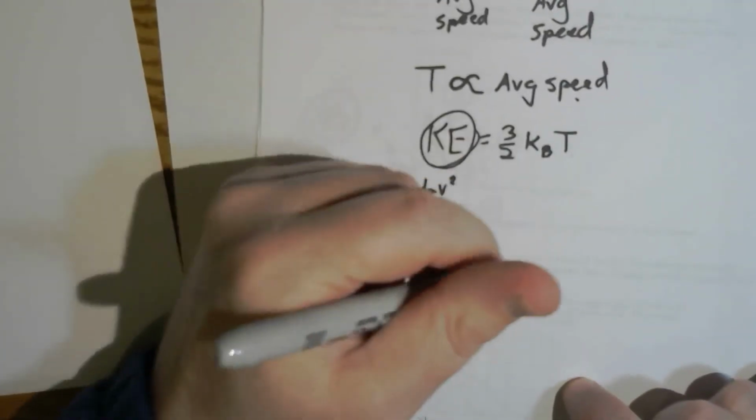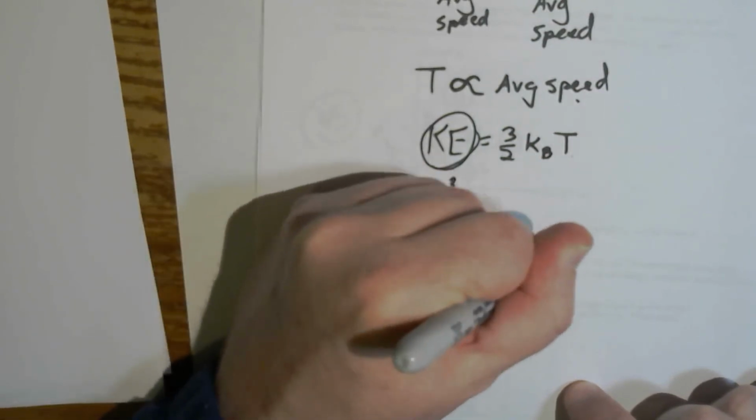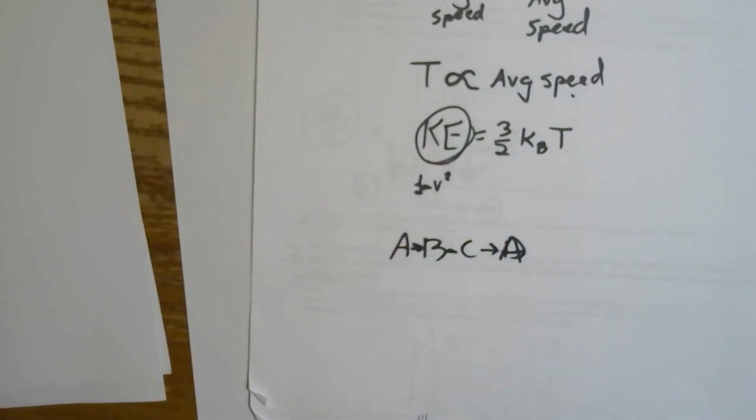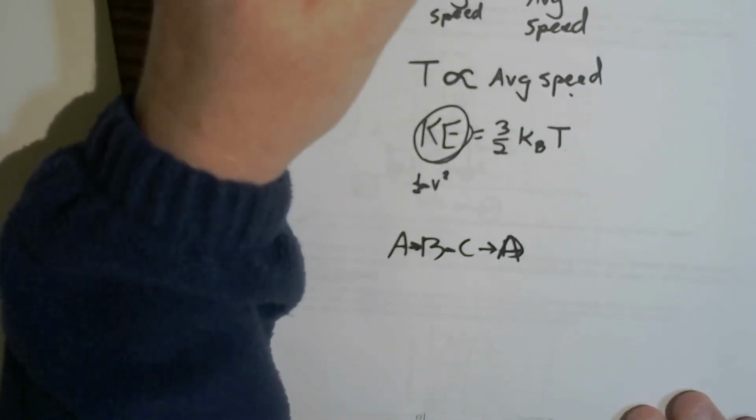But you can reason it out, because the order of this process goes from A to B to C, and then back to A. So which step would go from a cool gas to a hot gas?